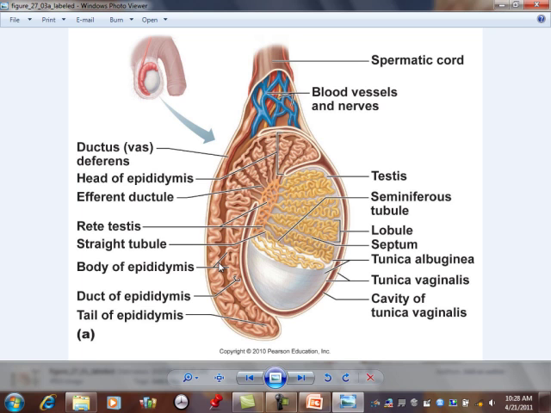So the epididymis is a place where I'm going to continue to mature and travel through another series of tubes in the duct of the epididymis, the tail of the epididymis, and then I'm going to eventually, after I've passed through this series of tubes, end up in the ductus or vas deferens. They discuss the epididymis on page 1028 and the ductus deferens on the following page.